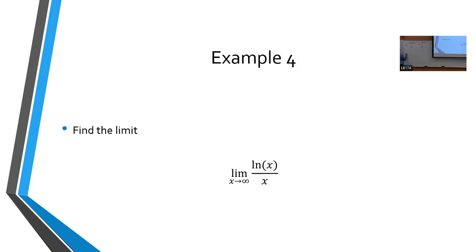What's the limit as x goes to infinity of the natural log of x divided by x? Just so you know, as x gets bigger, natural log of x also gets bigger, just at a pretty slow rate. So this still is the indeterminate form, infinity over infinity.